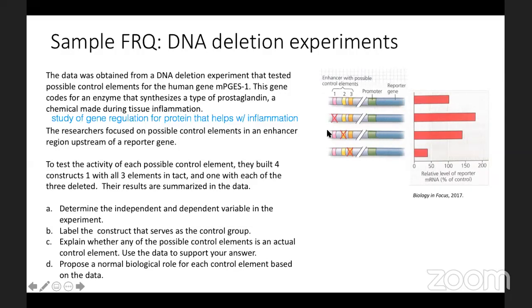And then we have 3 different samples where the first control element is knocked out, the second control element is knocked out, and then the third control element is knocked out. And if we keep reading, they tell us to test the activity of each possible control element. They built 4 constructs, one with all 3 intact and one with each of the 3 deleted. Their results are summarized here.